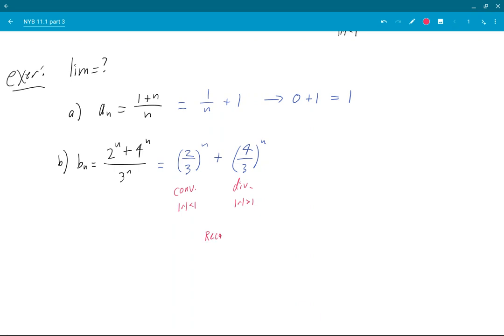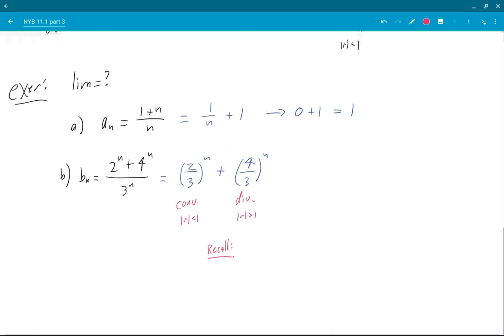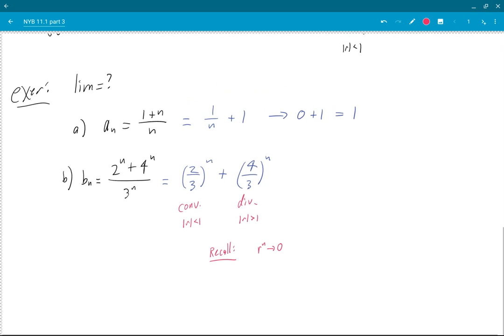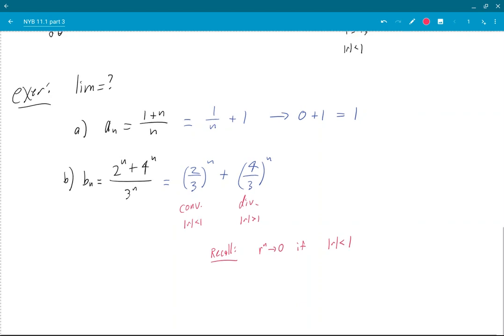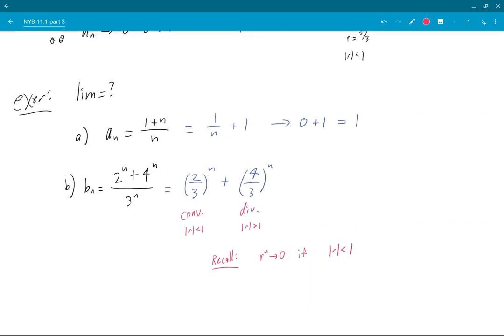Okay, why don't I put this little theorem here? Rn goes to 0 if the absolute value of r is less than 1. Rn goes to 1 if r equals 1.